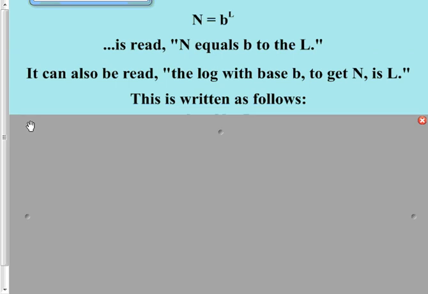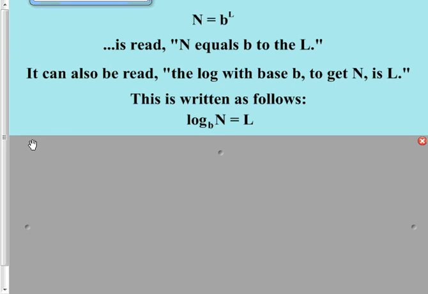Now putting that into equation form, this is written as such. Log base b of n is L. This is the equation format of the English sentence that was written on the third line up there.